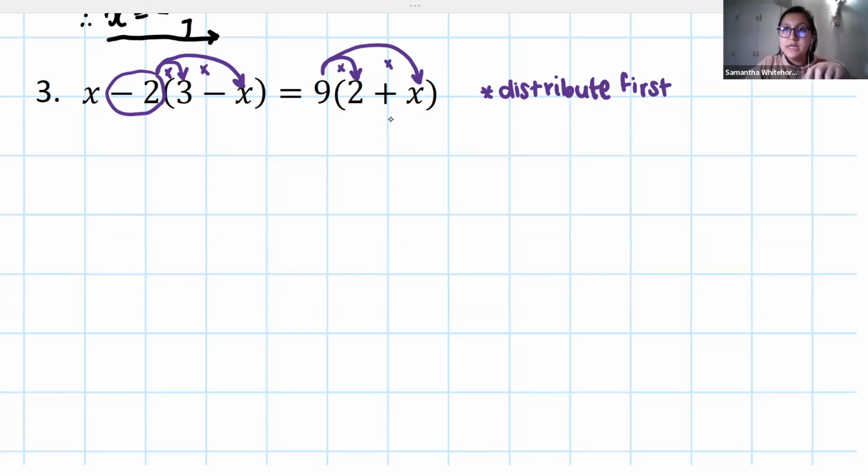Okay, so we're distributing and we're solving for x.